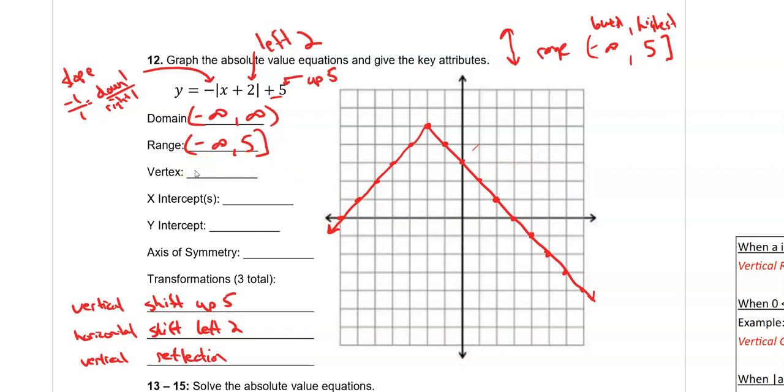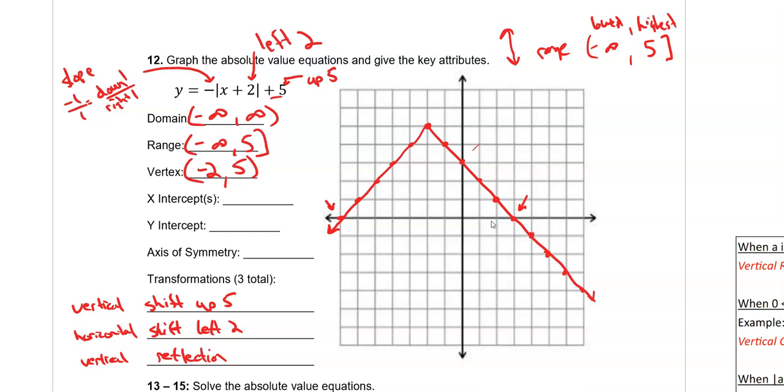All right, my vertex, you can count it from here. It's to the left 2, x is negative 2, y is 5. So you just write that point right there: negative 2, comma 5. Your x-intercepts are where it crosses the x-axis. I see 2 points right here and right here.